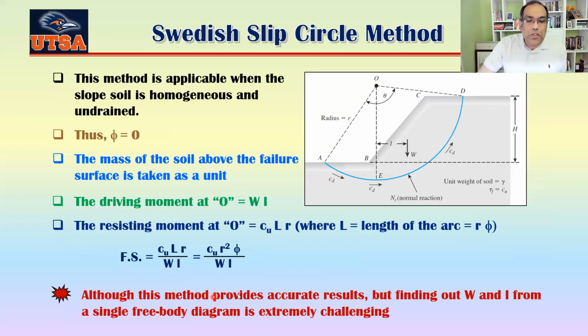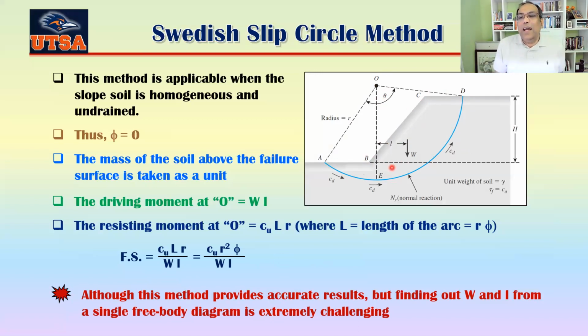So although this procedure provides accurate results, finding the weight of this soil mass and the centroid from this point to the centroid of this soil mass is actually very difficult, because this is not a regular shape. So you have to find the area or the volume and then multiply by that.